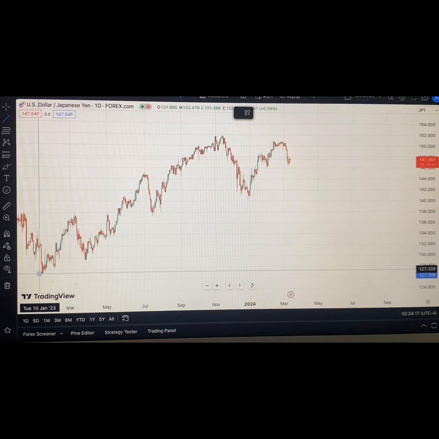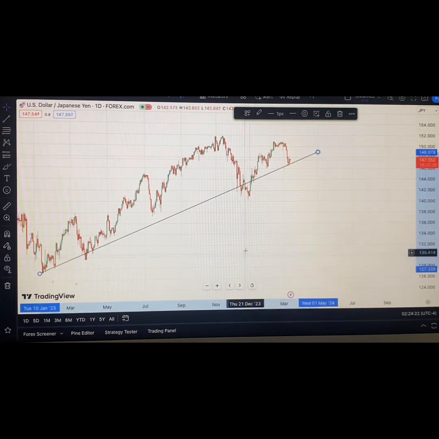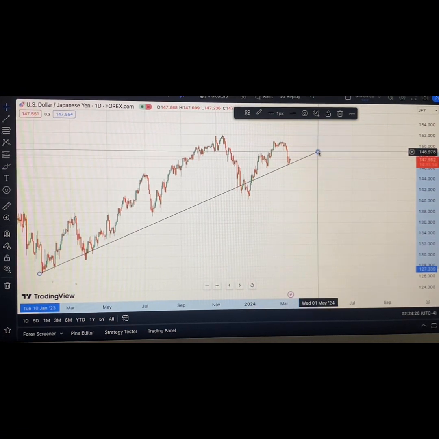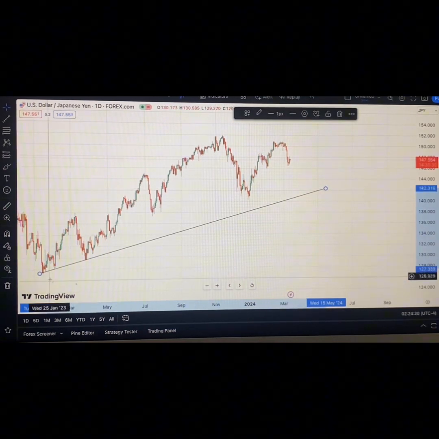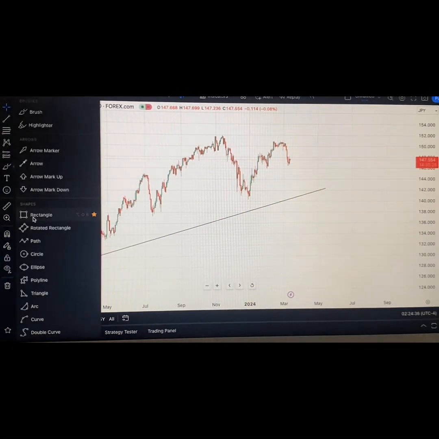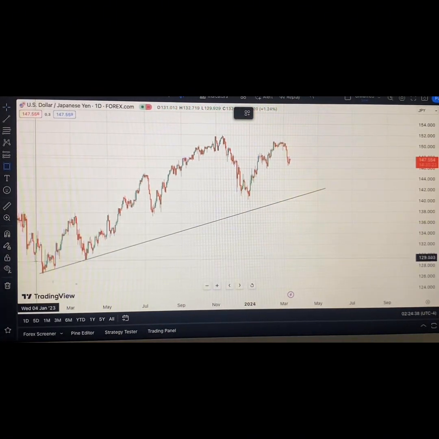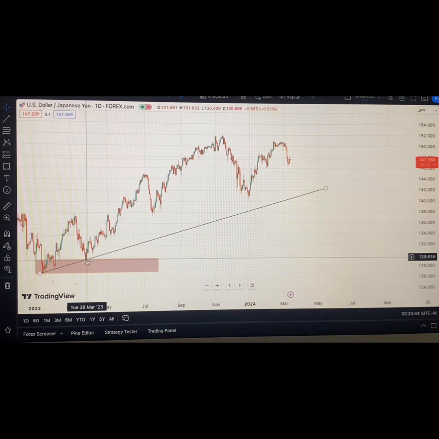You don't draw your trend lines like this. It's wrong. You draw it like this. You see the touch? 1, 2. Touched and bounced back up.